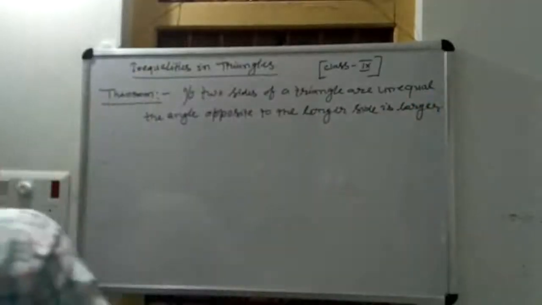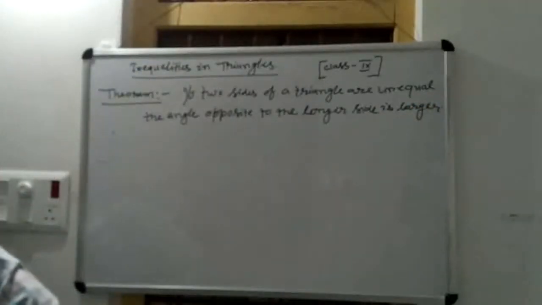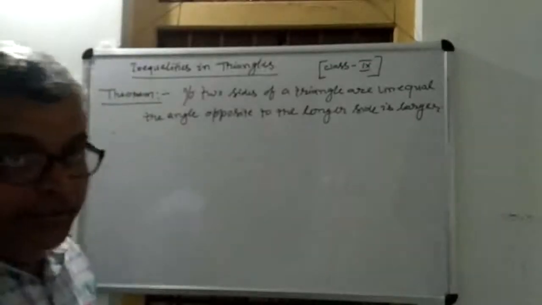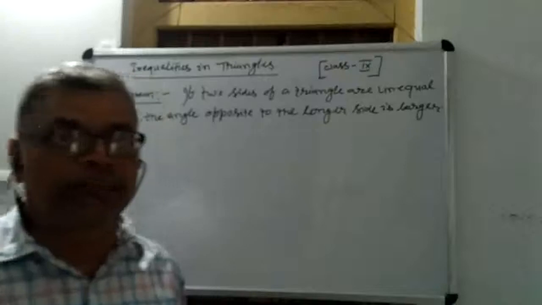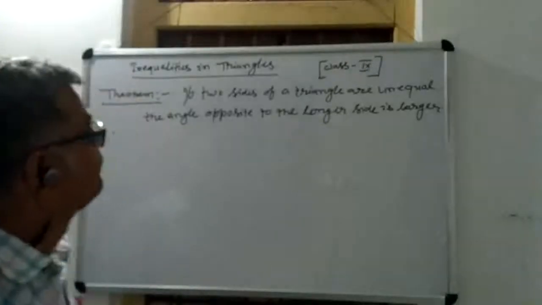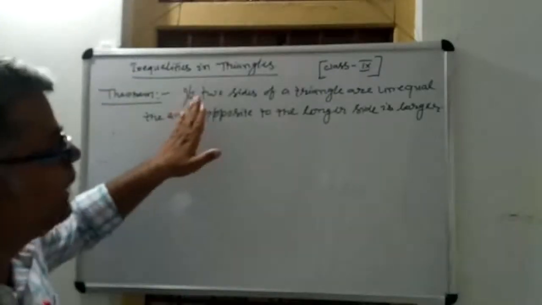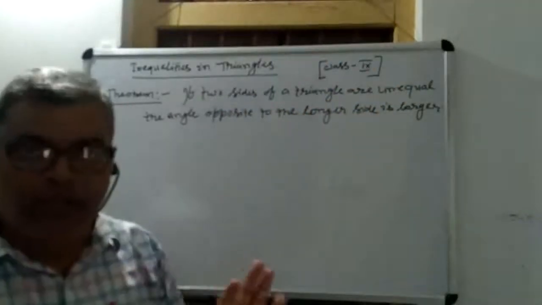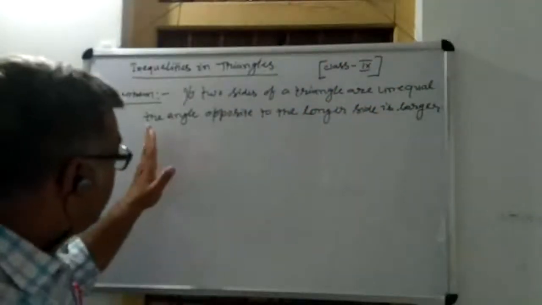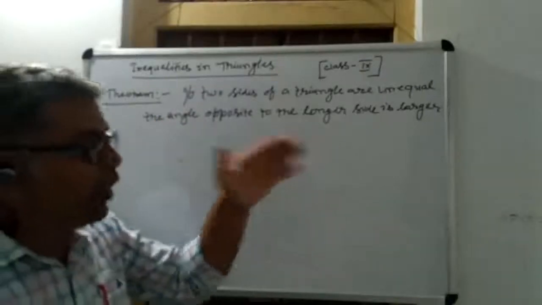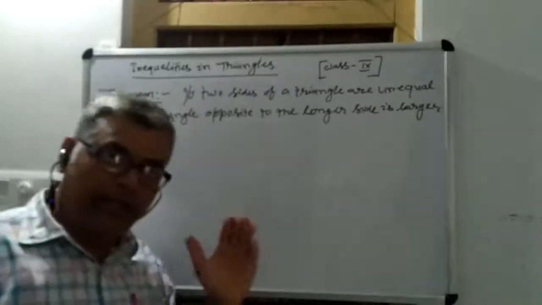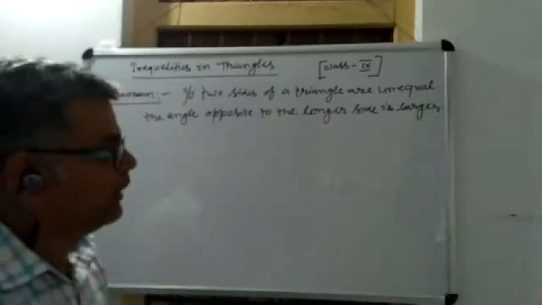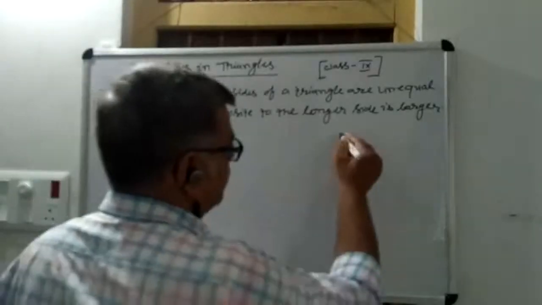This is the property in the inequality which tells the property of inequalities of triangles. It says that when two sides of a triangle are unequal, which are not equal, then the angle opposite to the longer side will be larger. Let's see, draw a figure.